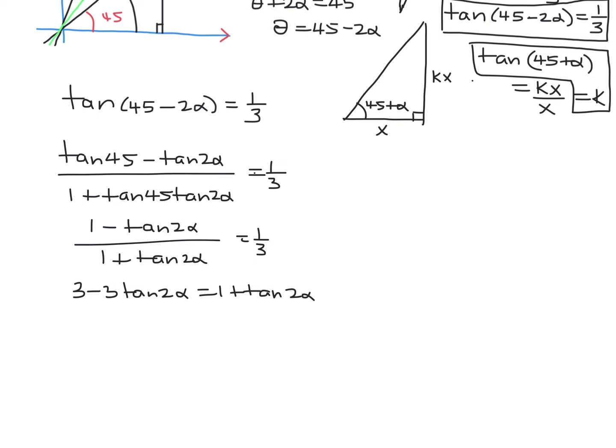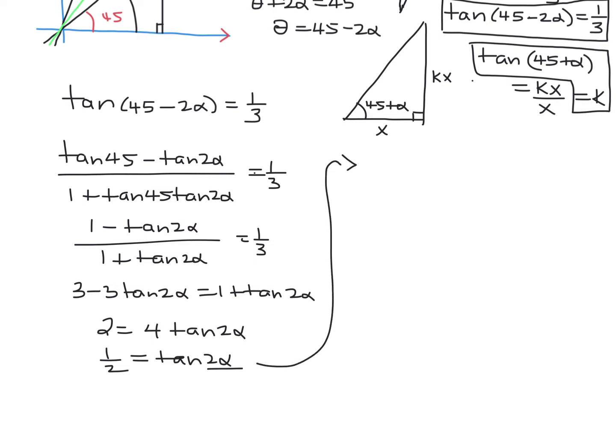And let's see here, what does this give me? 2 is equal to 4 tan of 2 alpha. That means 1/2 is tan of 2 alpha. Oh, and then I have to use a trig identity for tan of 2 alpha. I gotcha.